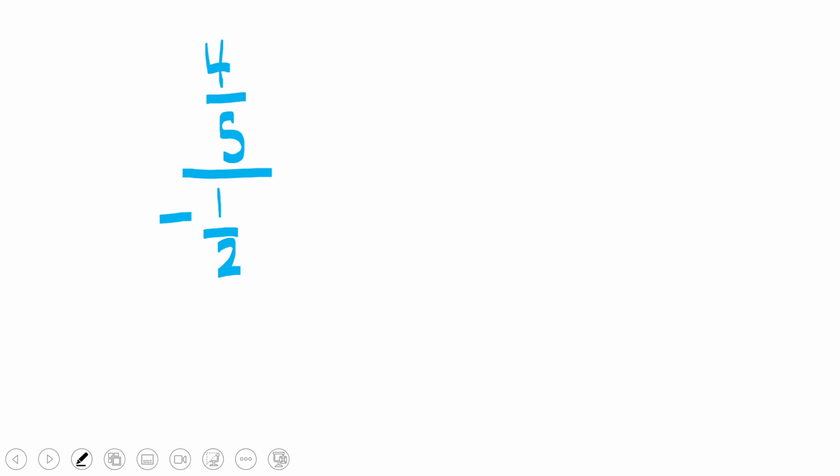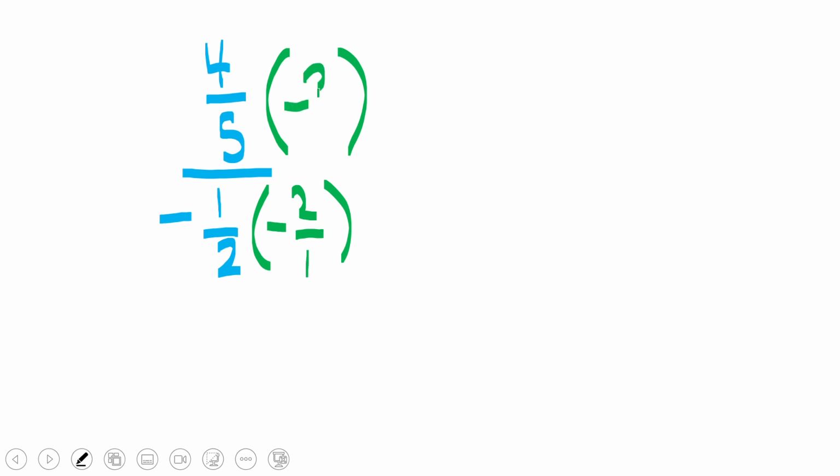So students look at something like this and say, I don't know what to do. Well, I'm going to multiply the numerator and denominator by the reciprocal of the denominator that's sitting there. And if we multiply by a negative multiplicative inverse, that will make our denominator positive as well at the same time.